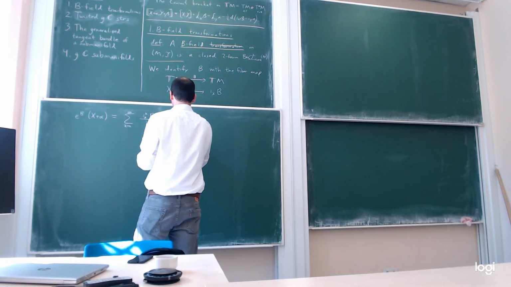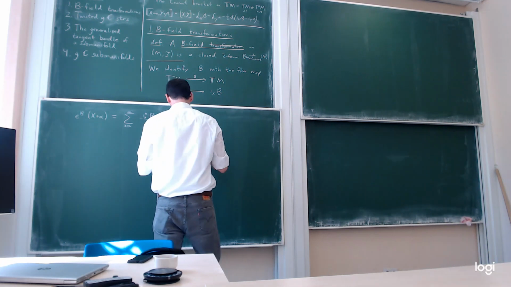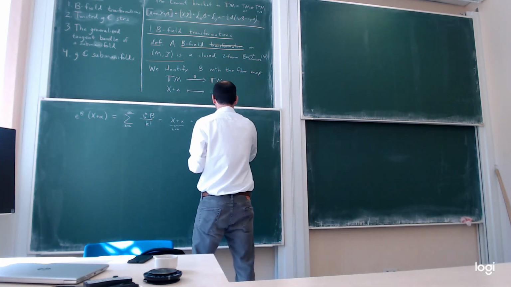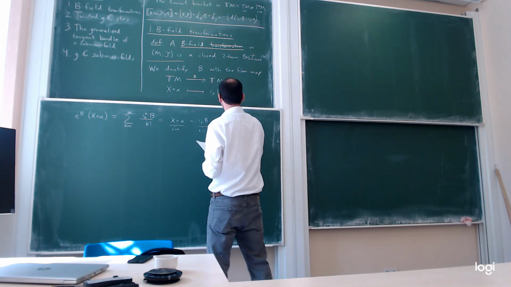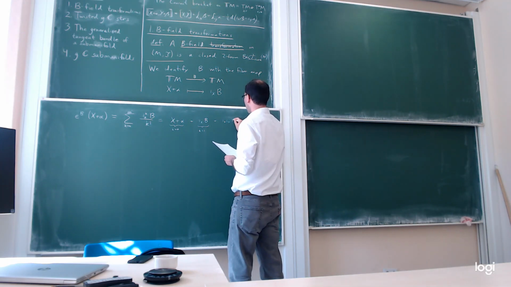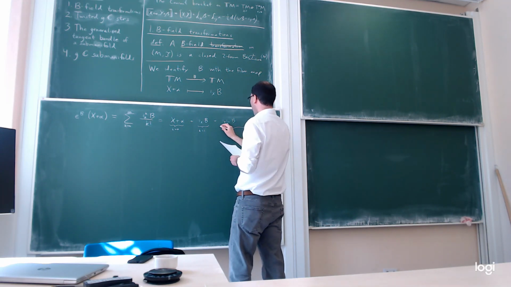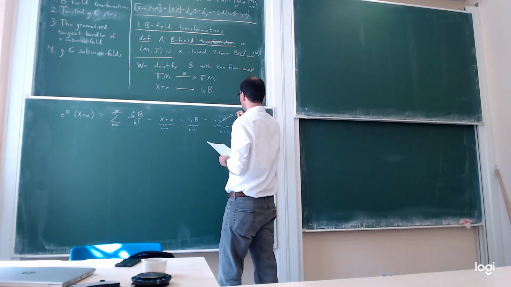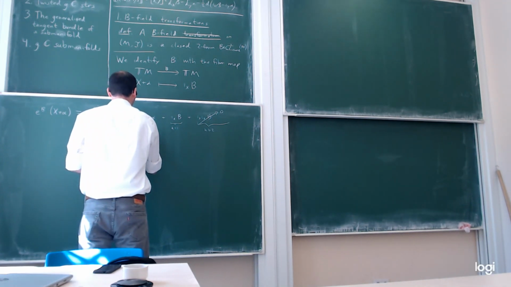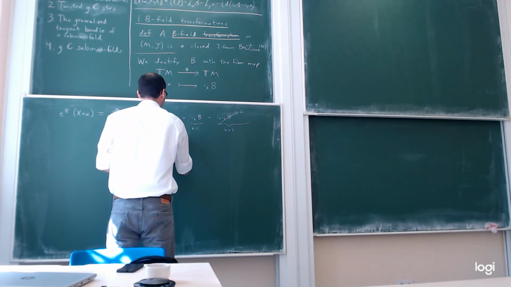This is the k equals 0 part, plus i_x B, the k equals 1 part, plus terms involving multiple interior products with x. So all of those terms are going to vanish, and we're left with x plus alpha plus the interior product of x with B.